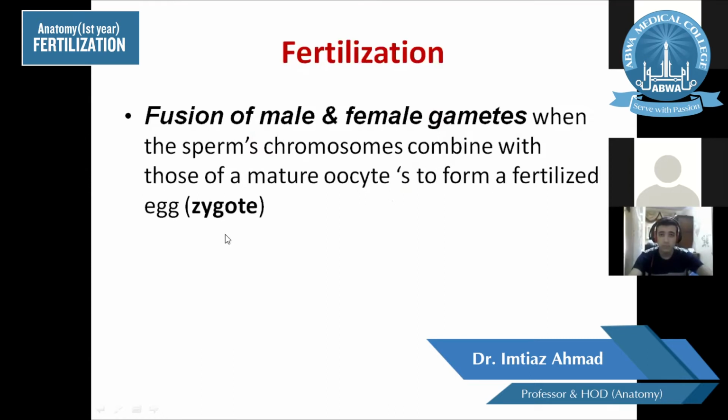So the simplest or the very brief definition would be: the fusion of the male and the female gametes to form a zygote is known as fertilization. It would be enough if you remember this.